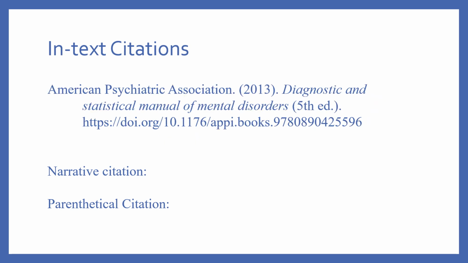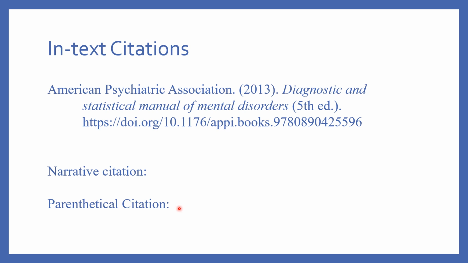Last example, you have a group author. So the narrative citation could look like this. American Psychiatric Association, and now we can abbreviate that. So we do American Psychiatric Association, open parenthesis, APA, comma, 2013, close parenthesis. And then from then on, we could use the APA abbreviation instead of American Psychiatric Association.